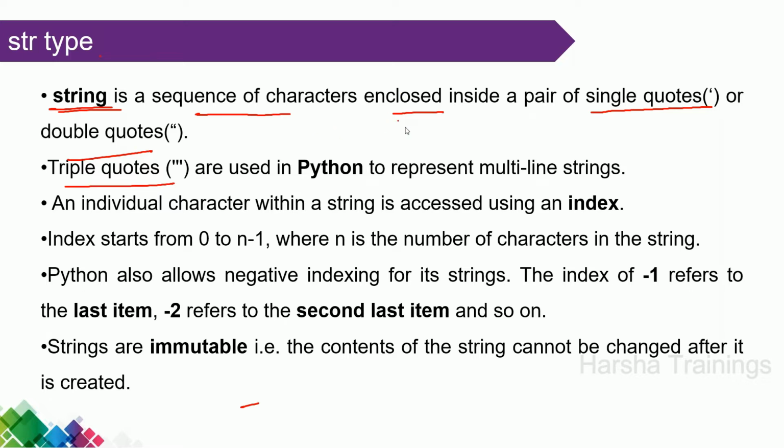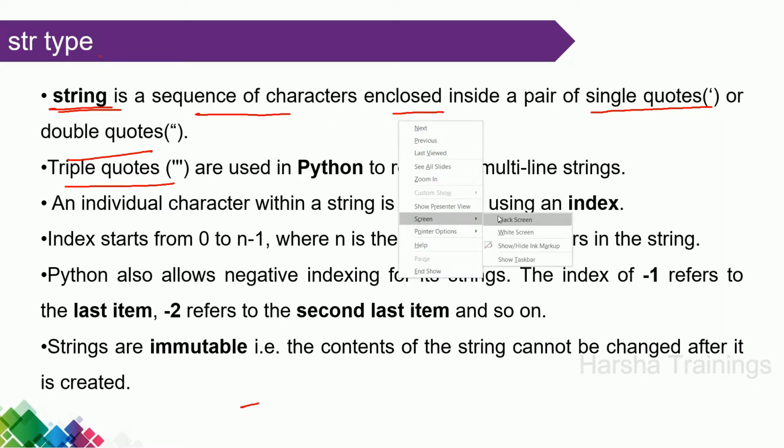For example, previously we wrote how to create a variable. A is equal to 10, automatically A is an integer variable. A is equal to 3.4, A is a float variable.